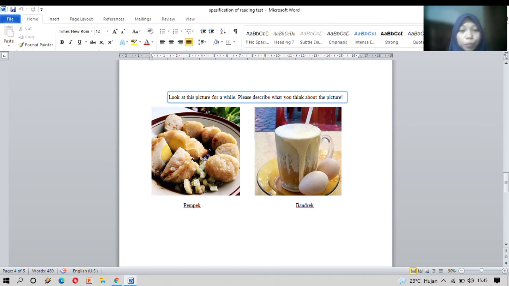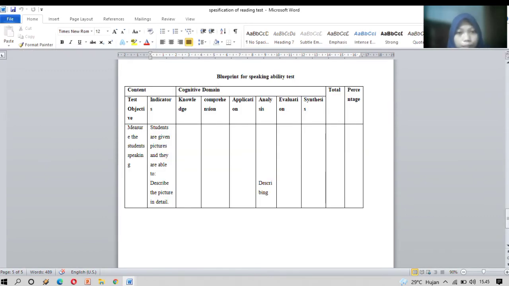This is the blueprint for speaking ability test. There are the content, test objective, measure the students speaking, and for indicators, students are given pictures and they are able to describe the pictures in detail.